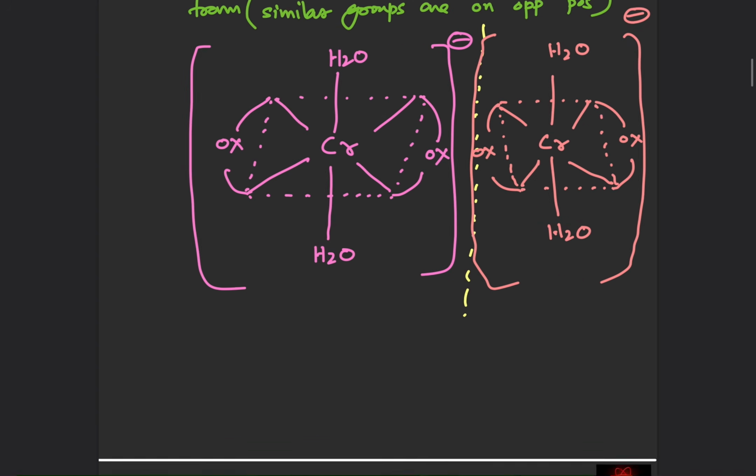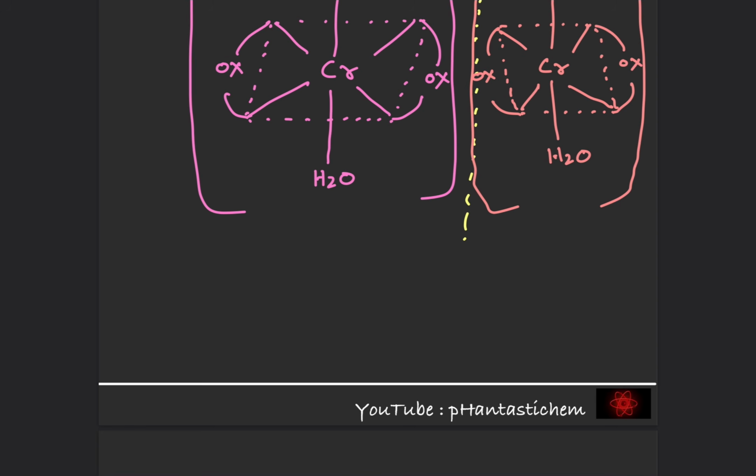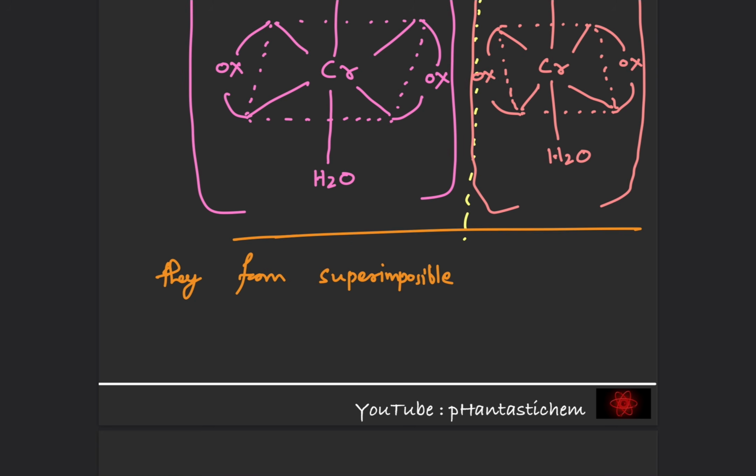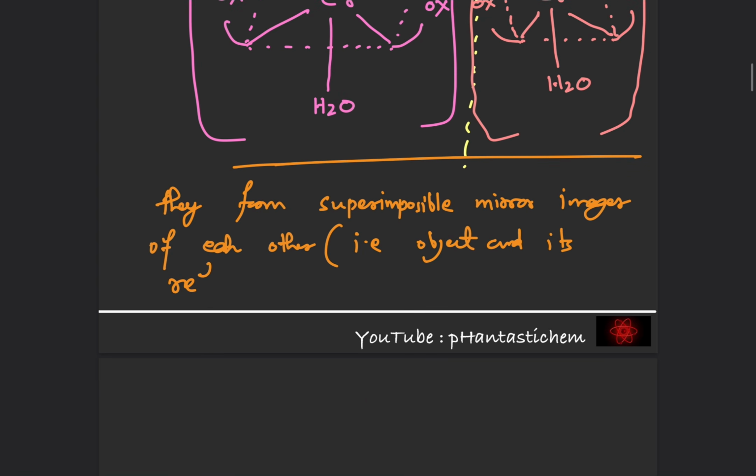So I will write down that these two form superimposable mirror images of each other. That is, the object and its reflection perfectly align or overlap.